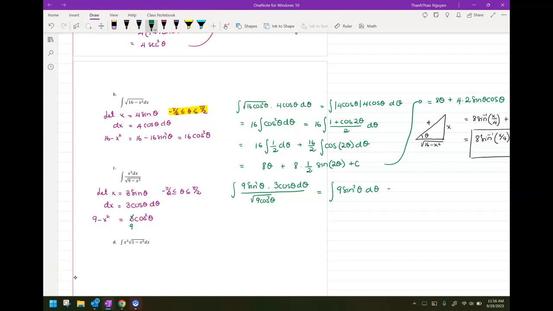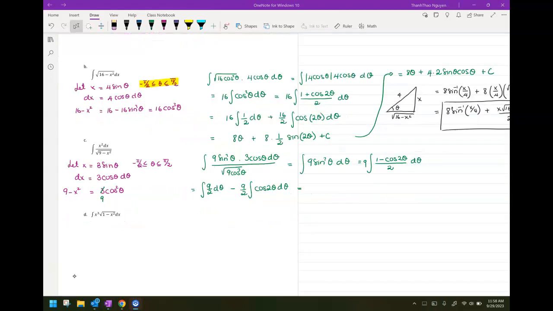I can use the reduced power formula to write this as 9 times (1 minus cosine 2 theta) divided by 2 d theta. This means I have the integral of 9 over 2 d theta minus 9 over 2 the integral of cosine 2 theta d theta.